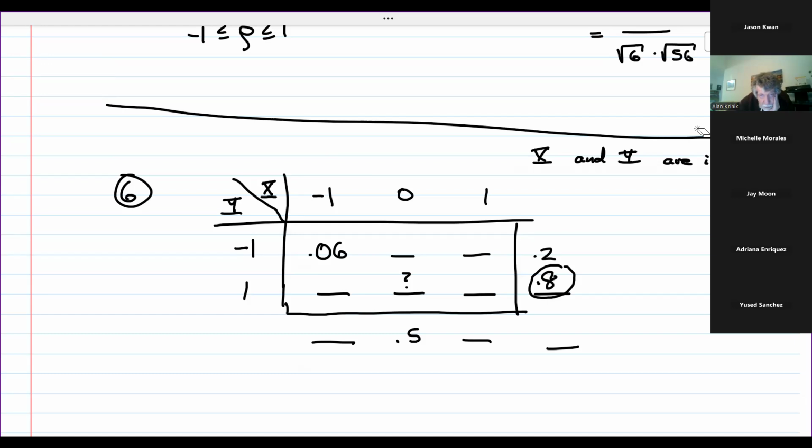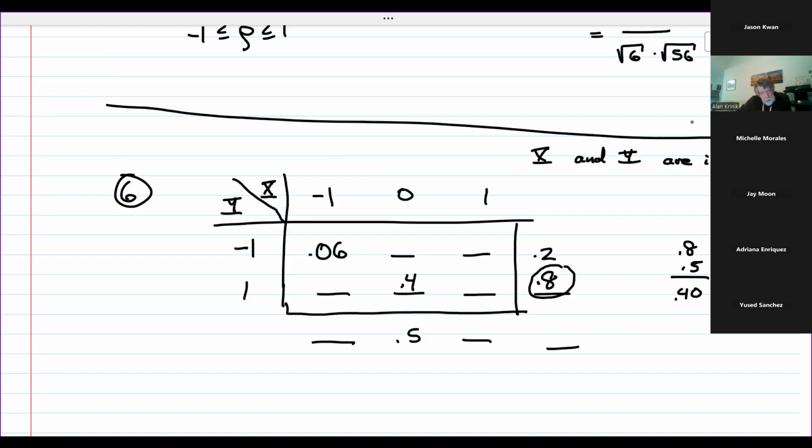So if you multiply 0.5 by 0.8, well, 8 times 5 is 40. And if you keep track of the decimal points, it would be what, 0.4? 8 times 0.5 would be 40, and 2 points, yes. So this would be 0.4. Okay.